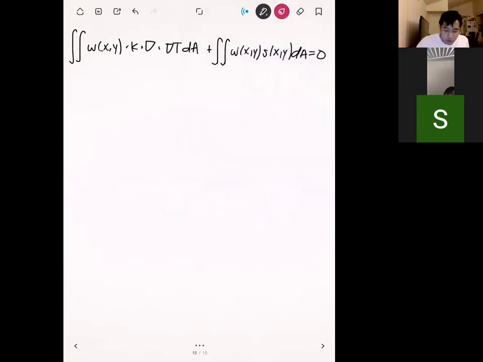And so this term on the right here, we're just going to leave this alone, mostly because there's no derivatives here, and so there's nothing that we need to balance.